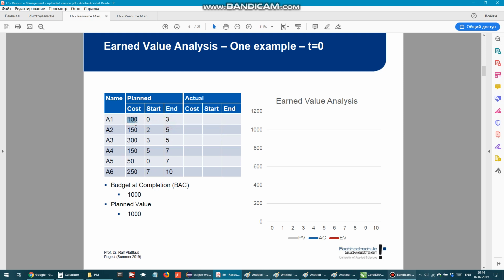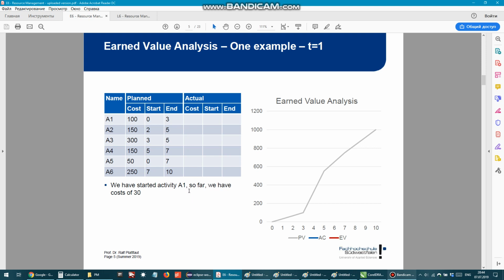If we summarize all these numbers, we come up with 1000, and this 1000 also equals the budget at completion, which is also 1000. So whatever we plan is our budget. Always pay attention to this T here, time, because based on this T, our calculations will be different.